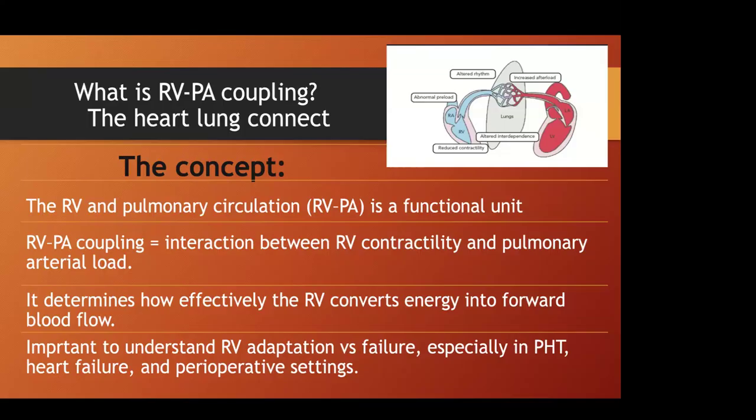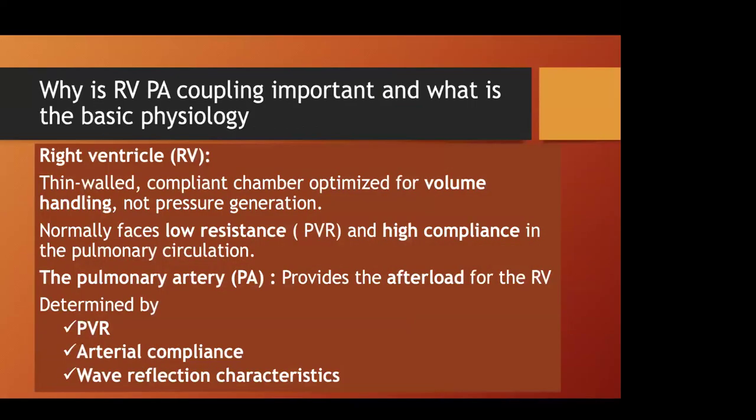Remember, we discussed already that the right ventricle is thin-walled and faces low resistance. The pulmonary pressures, or the pulmonary hypertension or afterload, is a lumped component. It is affected not only by the resistance, which we commonly talk about and measure on the catheter in right heart studies, but it also depends on the arterial compliance and the wave reflection characteristics.